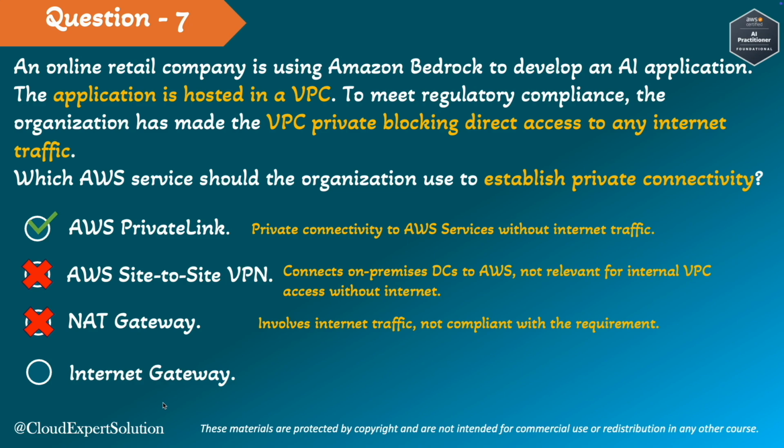The last option is Internet Gateway. Internet Gateway provides internet access to a VPC, which is not allowed, or exactly the opposite of our ask. Hence, Internet Gateway is also not the correct option, and AWS PrivateLink is the correct option for this question.